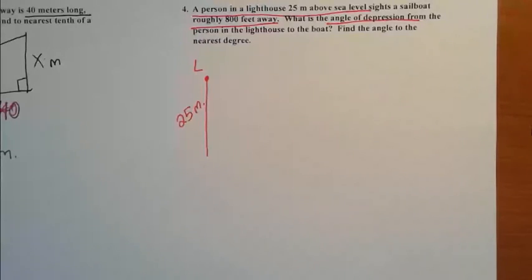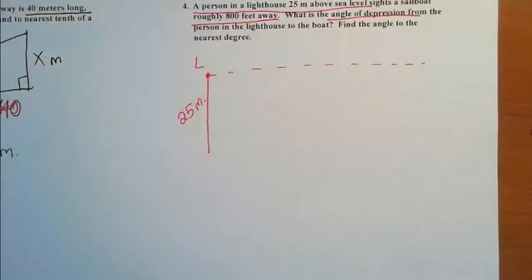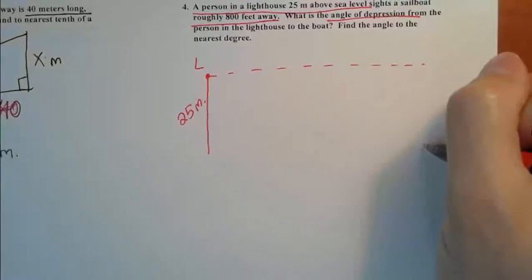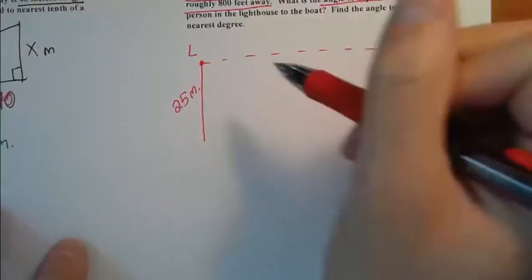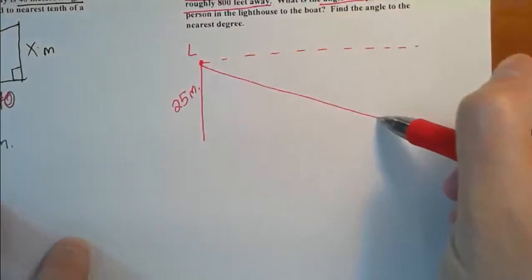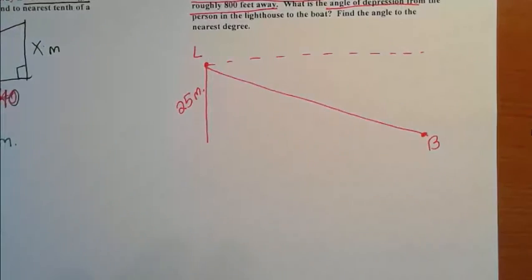And so they are going to be looking out into the distance like that. And they're saying the angle of depression to the boat. So we can say that the boat is down here at point B, and they're looking straight at that boat, like so.